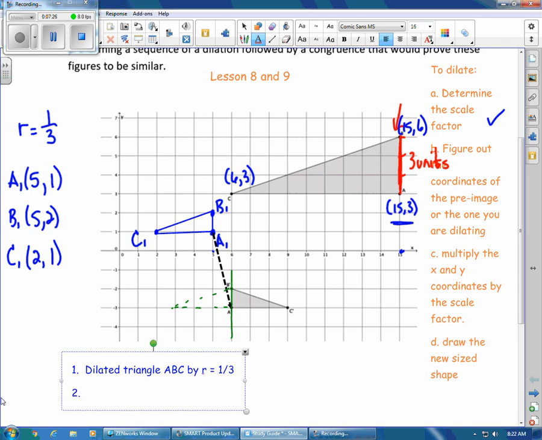The second thing I did, I translated triangle A sub 1, B sub 1, C sub 1. I probably should have a sub 1 on all of those. Let me back up and do that.